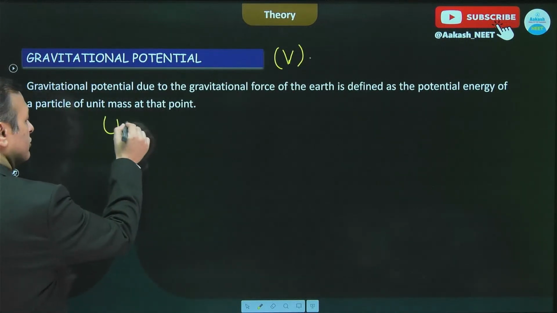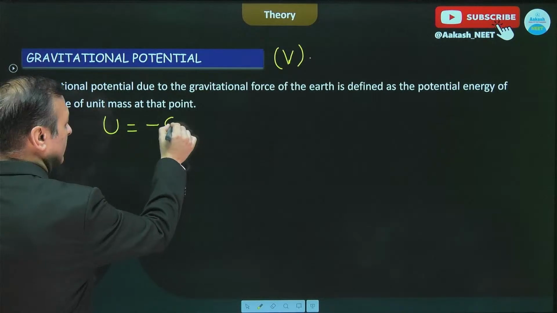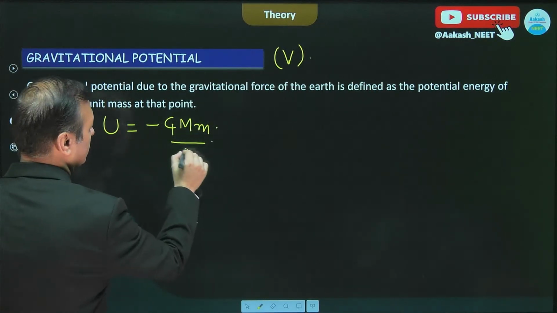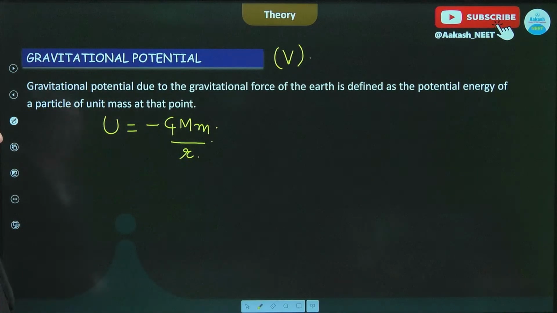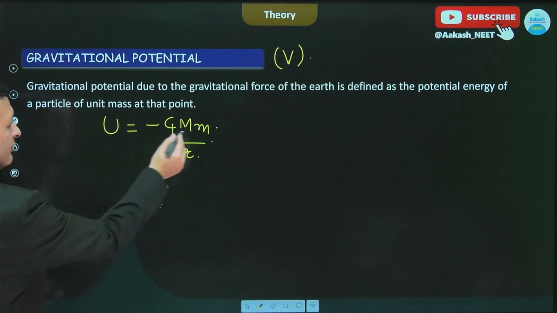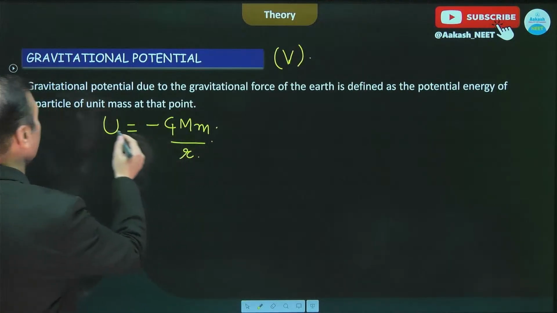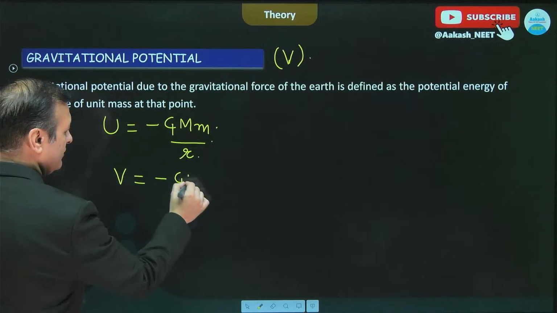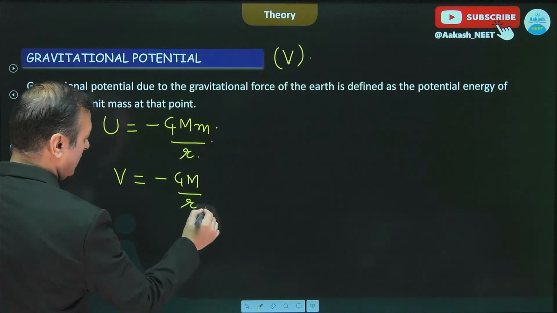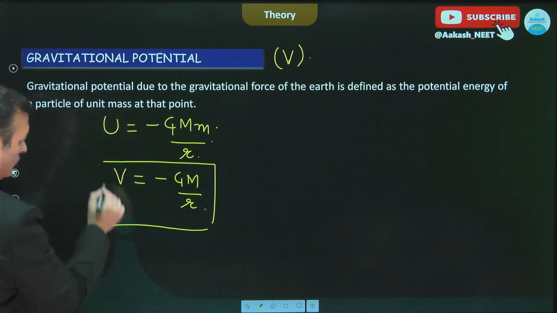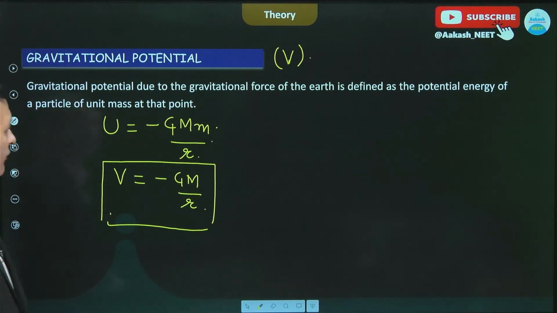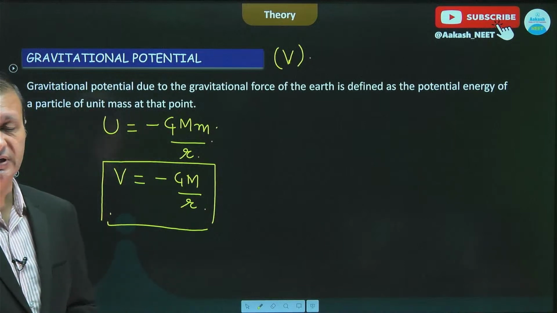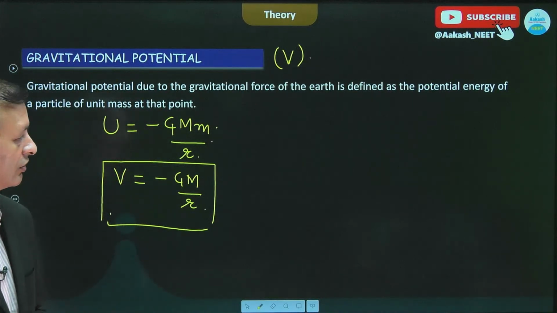The gravitational potential energy was minus G capital M small m by r, so potential energy per unit mass is minus G capital M by r. That is the formula for gravitational potential, and this is definitely a scalar quantity. Got it or not?